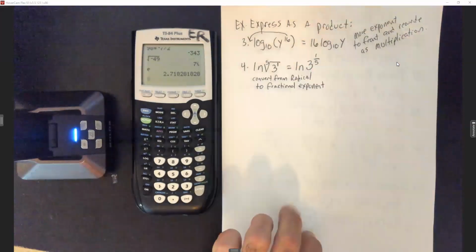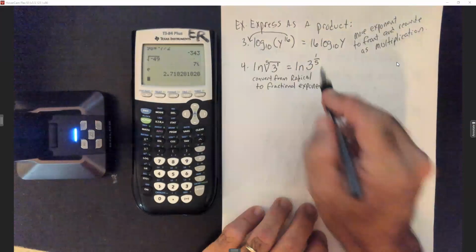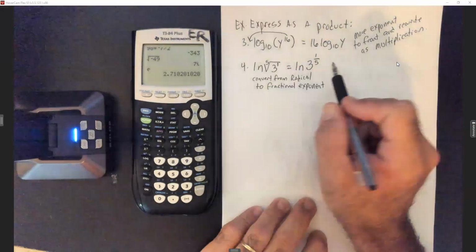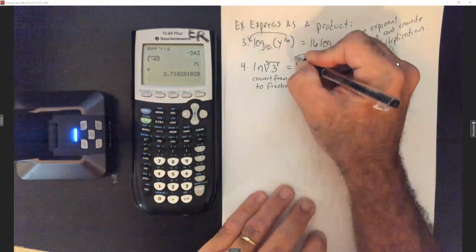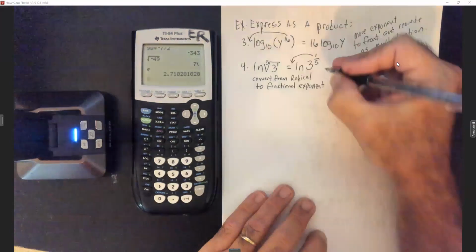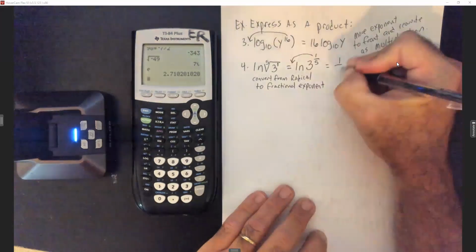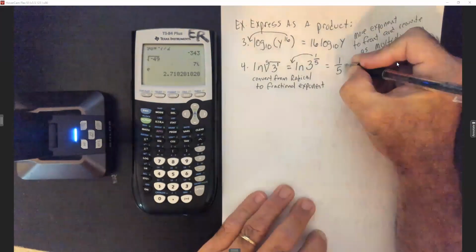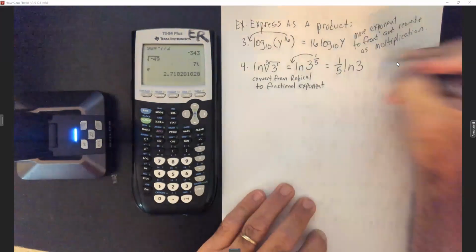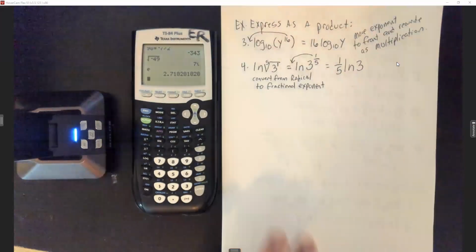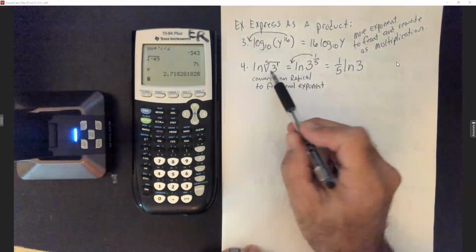Now I can see I got an exponent of 1/5. So now I got to take the 1/5 and bring it down to the front so that this gives me 1/5 times the ln of 3. So number 4, that's the trickiest one because you have to convert my radical, okay?